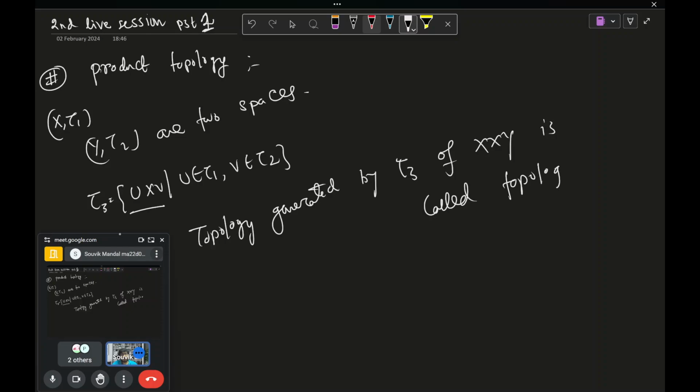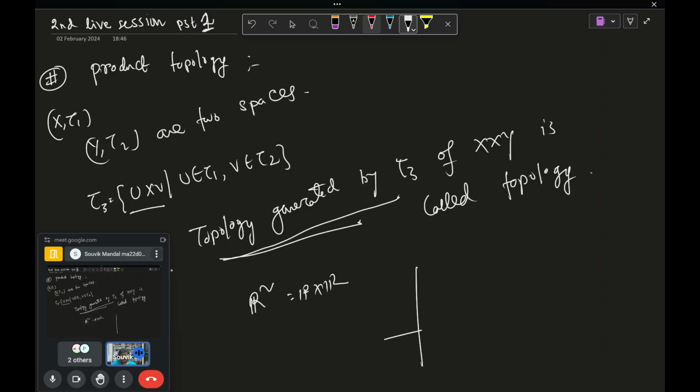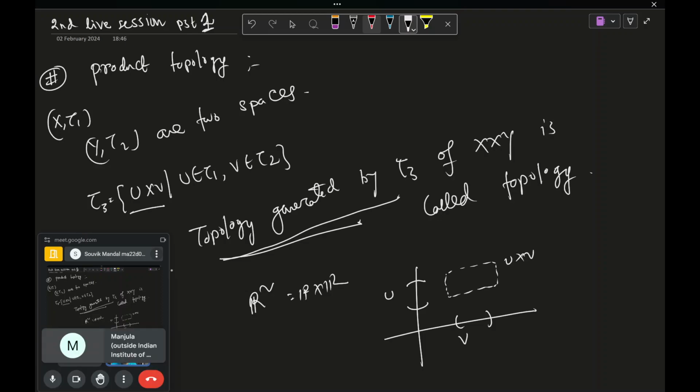Let me explain why I suddenly changed the definition to the topology generated by tau 3. Initially I wrote that tau 3 forms the topology and it is known as the product topology. Why did the topology generated by tau 3 come? If you consider R2, it can be written as R cross R. Any open set of R is nothing but an open interval, and the same holds for the second R. So if you call it U and V, then this is of the form U cross V, and it is open in R2.